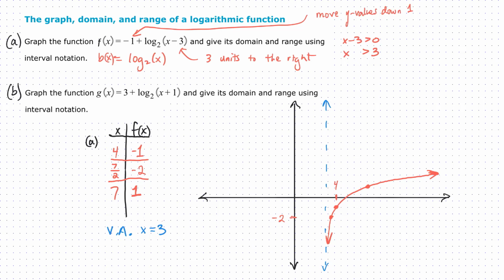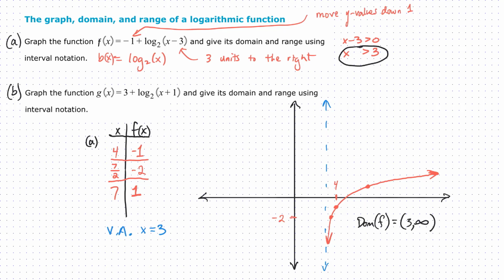We need to specify its domain and range. Let's find that. The domain of f. Once you have graphed it, it's pretty easy to identify all our possible x values. We actually found them right here. So parentheses 3, and then go to infinity.